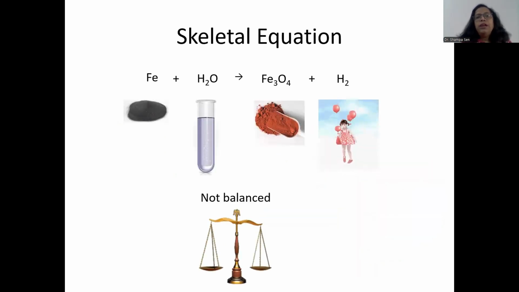For example, I went back to this slide. Here, if I write, instead of H2O, to balance the oxygen atom, H4O8, sorry, not H4O8, rather H8O4, then oxygen is balanced.